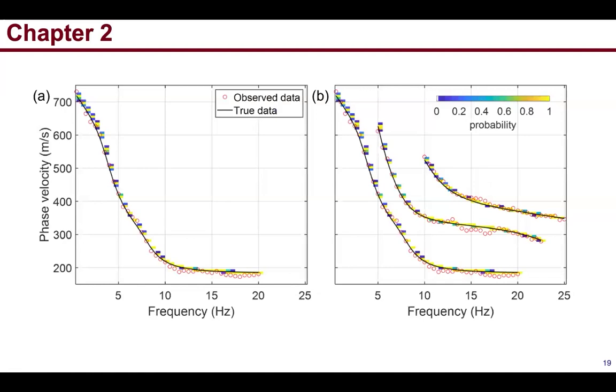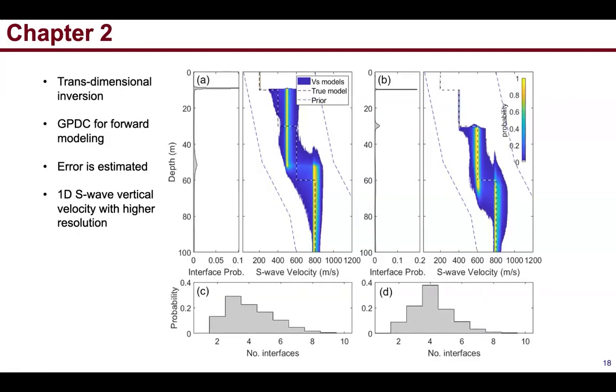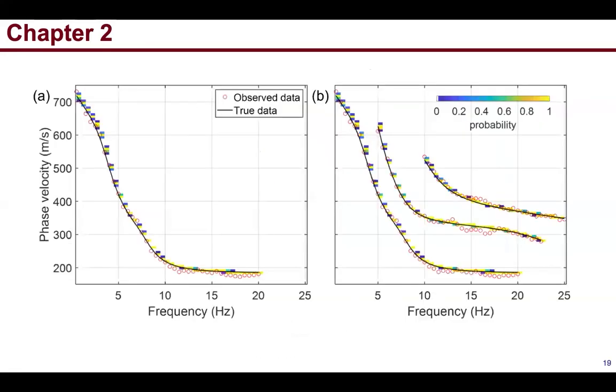We use the collected samples to generate the predicted data, and we plot the predicted data as shown in the colorful strips. So we can find this predicted data can match with our observed data very well, both for the fundamental mode and the multi-mode.